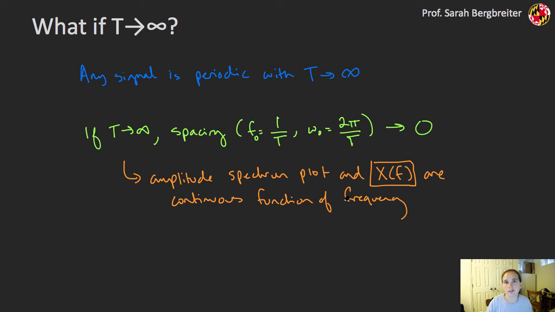The Fourier series gave me discrete functions of frequency with my coefficients a_k, b_k, c_k. In this case, I now have a continuous function of frequency.